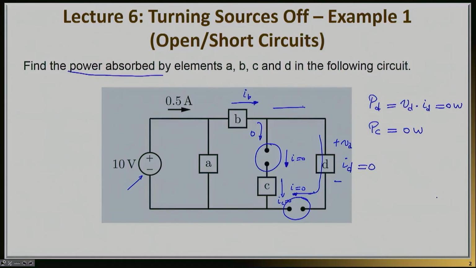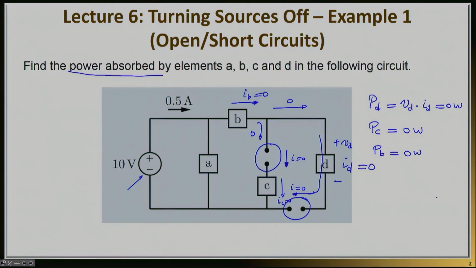Or it might have a choice to go to the right, which again, we know that this is 0. So there is really no path that would result in a non-zero current. We only have 2 possible paths here, and that current will be 0 in both cases. So that means that IB will be equal to 0, and that means that the power consumed by device B is also equal to 0 watts.